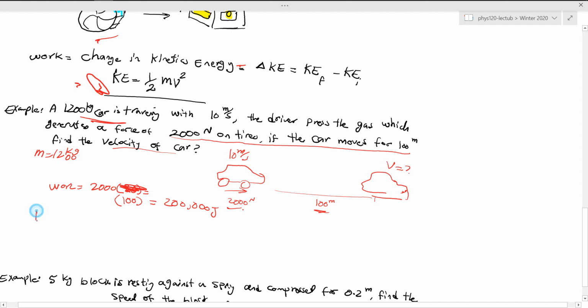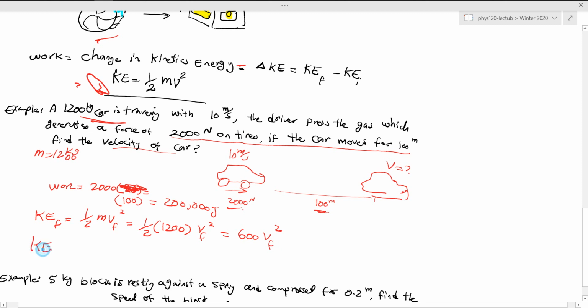Now, kinetic energy final, we don't know. It's going to be half of m, V final to the power of 2, which is half of 1200 V final squared. If you simplify, this will be 600 V final squared.